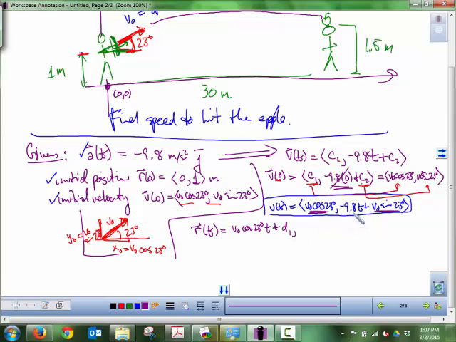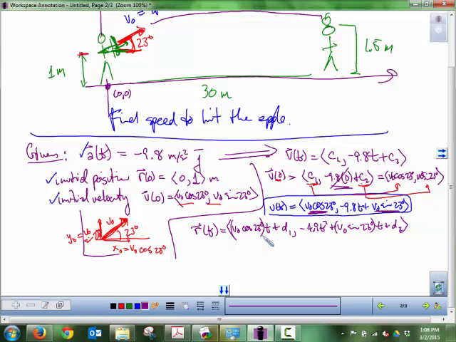And then, half of 9.8, so 4.9: negative 4.9 t squared plus v naught sine 23 degrees times t, plus another constant we'll call d2. So you've got d1, d2 making up the vector d, if that's what you're used to seeing in the book, and that's what those constants are for.